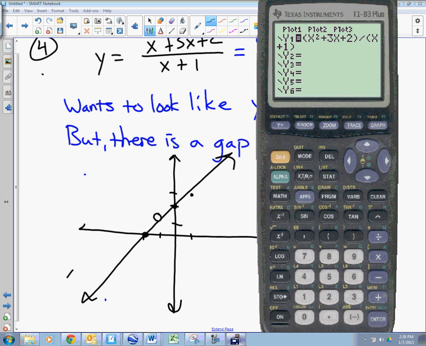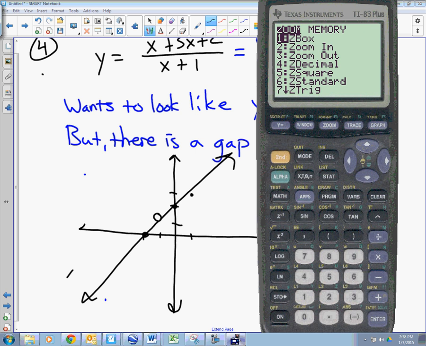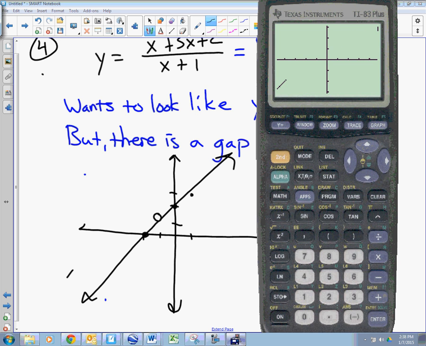I'm going to graph it in a standard viewing window. Does that look like the graph of x plus 2? Do you see a gap? No, because when you trace it, you don't come out on even integers, do you? But I'm going to zoom, remember, decimal. And if I do that, oh, you see it?